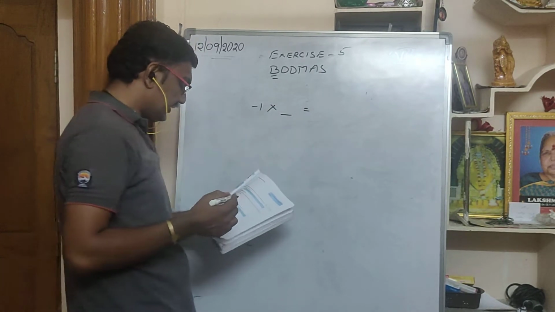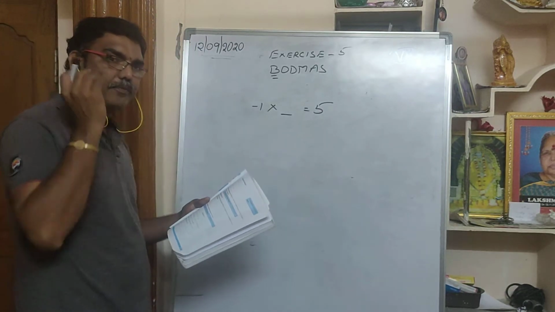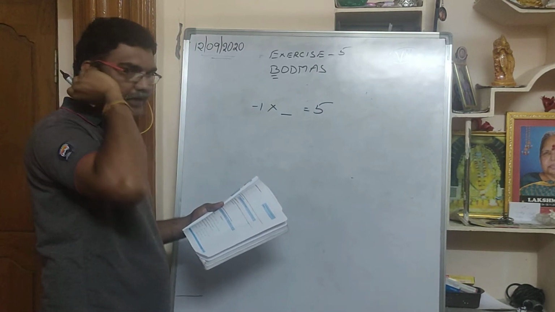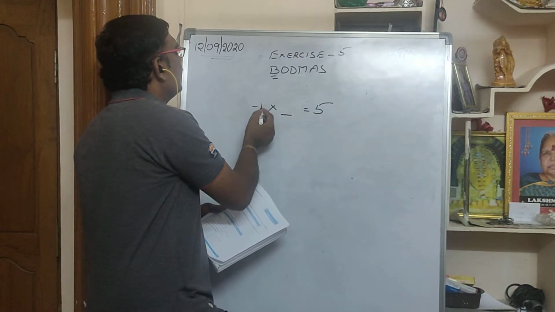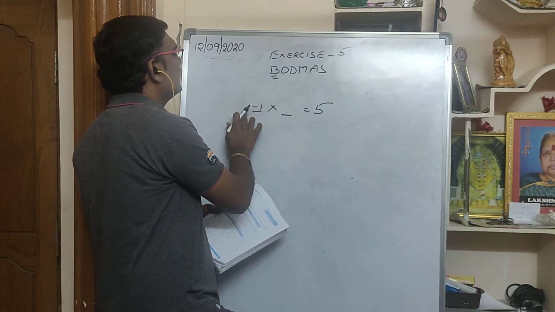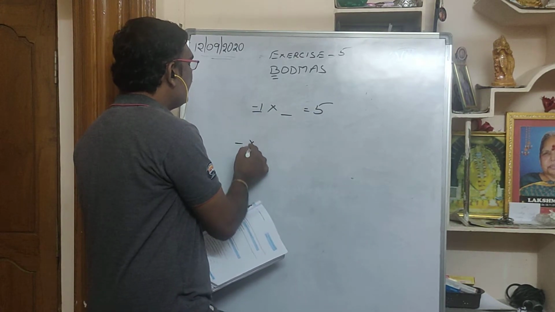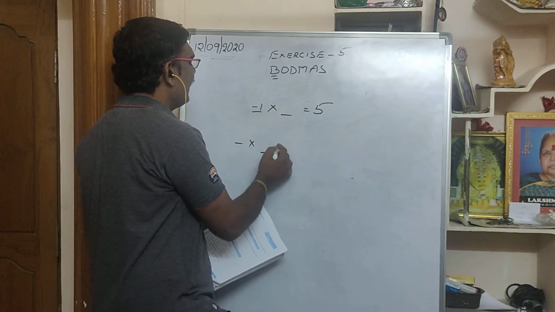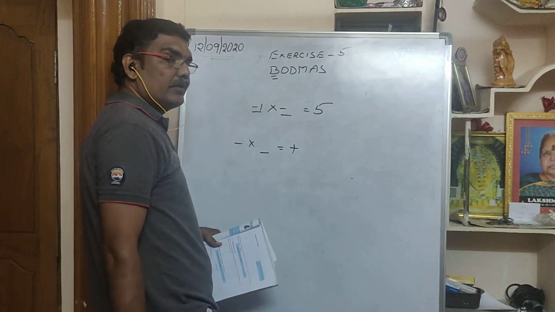I don't know that integer, but I got the product as 5. So now what you have to do is, in the multiplicands one is minus, and in the product you have plus. Minus into which symbol will give plus? Obviously minus. Very good.